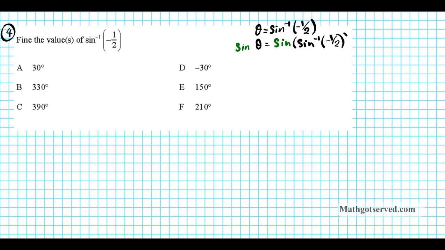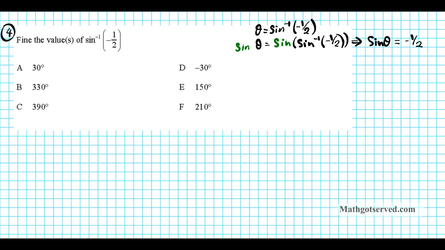This follows that on the left side, sine theta is equal to negative 1/2. So all these theta values, if I take the sine of them and get negative 1/2, then they satisfy this expression right here.